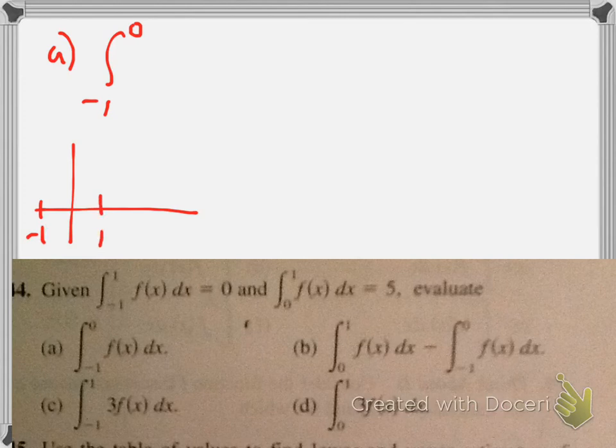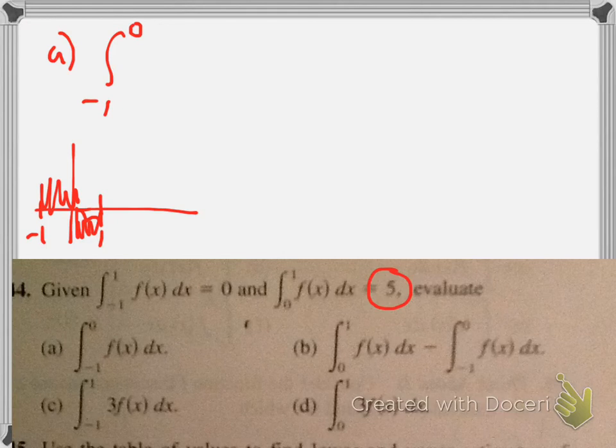So we know the overlap is 5. So the integral from -1 to 1, the whole interval, is 0. And then if you go over 5, we can combine those two properties and go from -1 to 0.